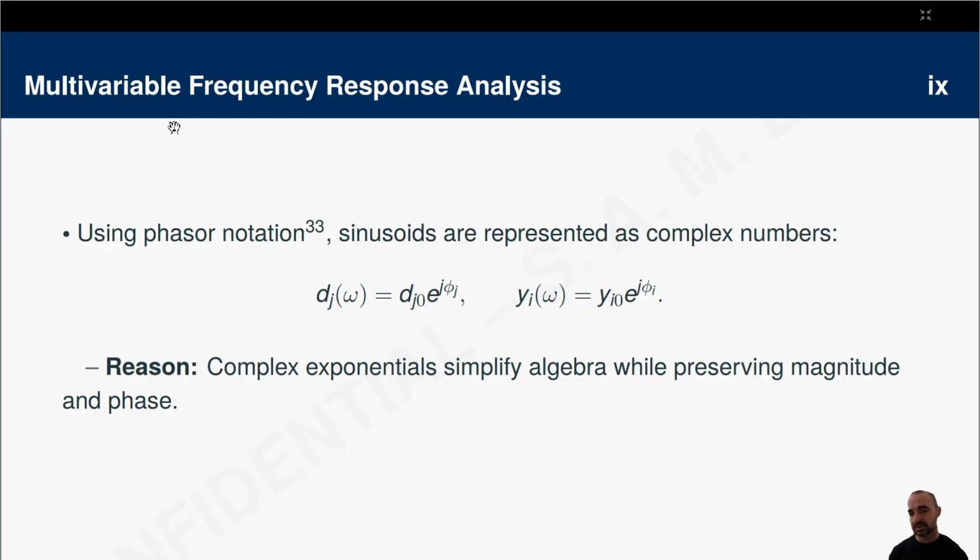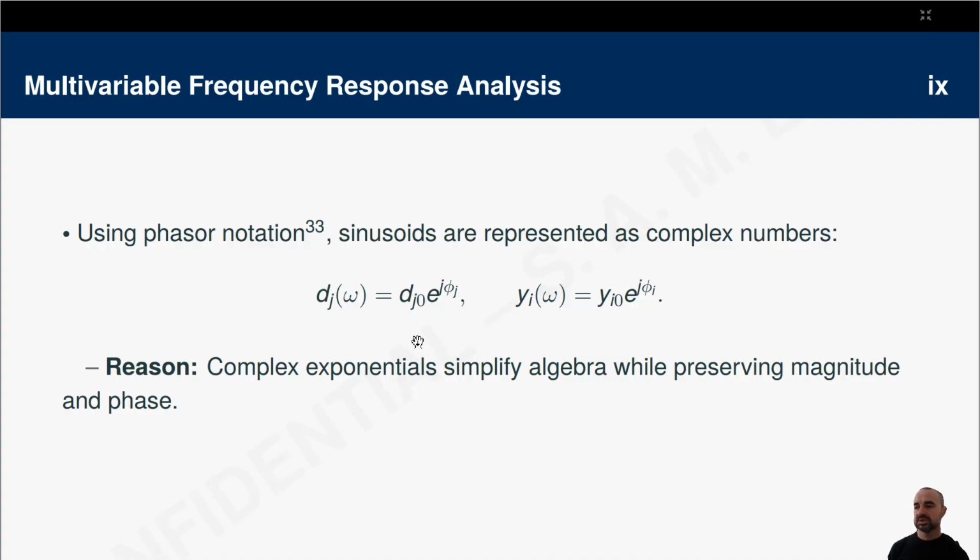Using phasor notation, which you have already seen before, but we're going to talk about this. And you do remember this from your engineering mathematics course, and also control course, vibration course, as many other courses, essentially. Using phasor notation, sinusoids are represented as complex numbers.